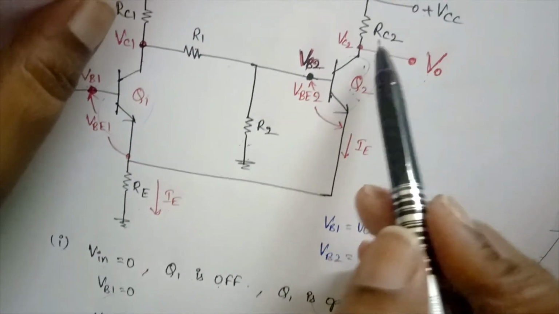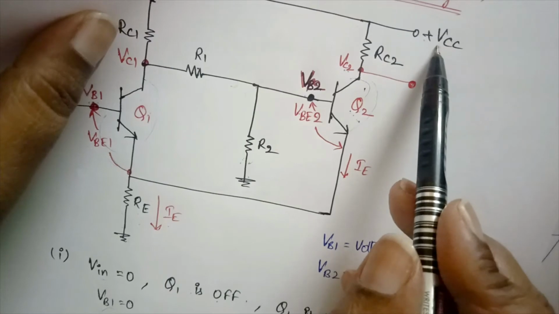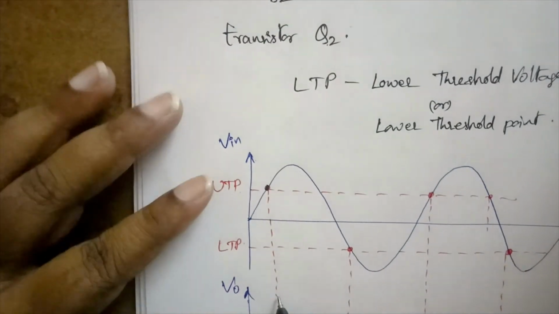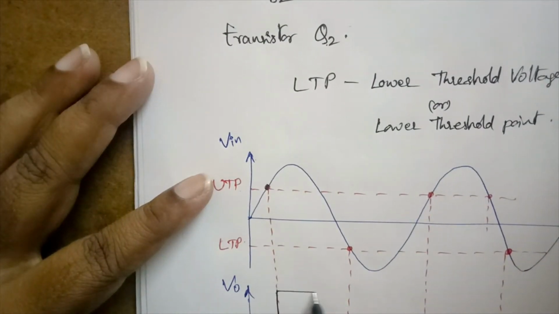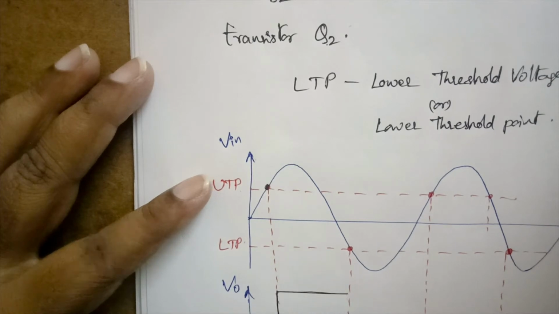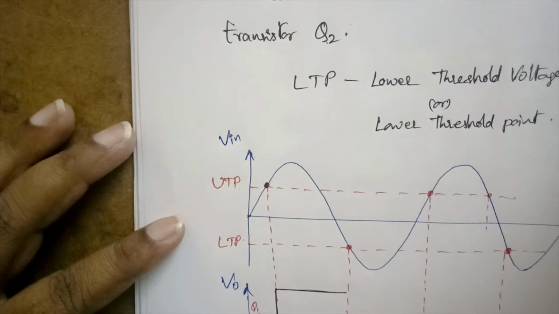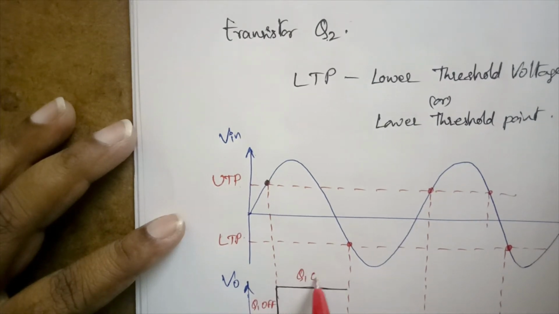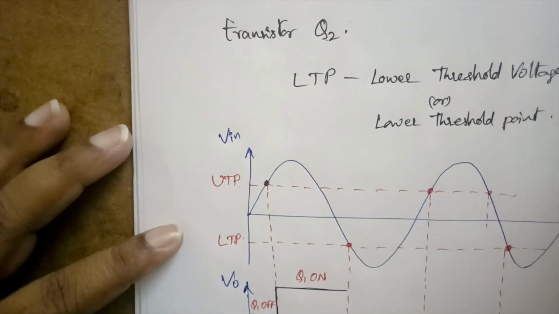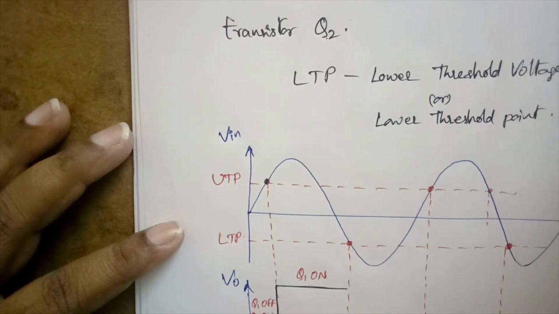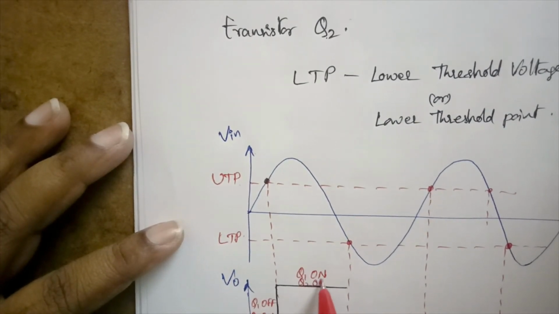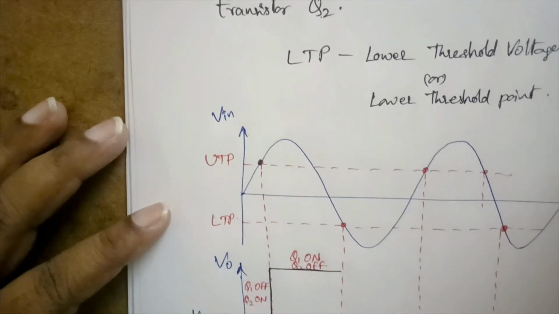When Q2 is off, what is the voltage at VC2? It is VCC. So it rises here to VCC. So here Q1 is off and here Q1 is on. Here Q2 is on and here Q2 is off.